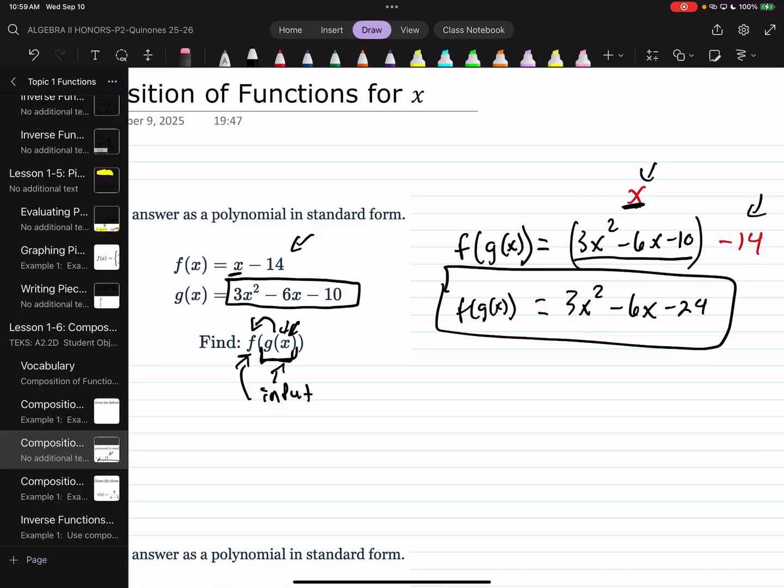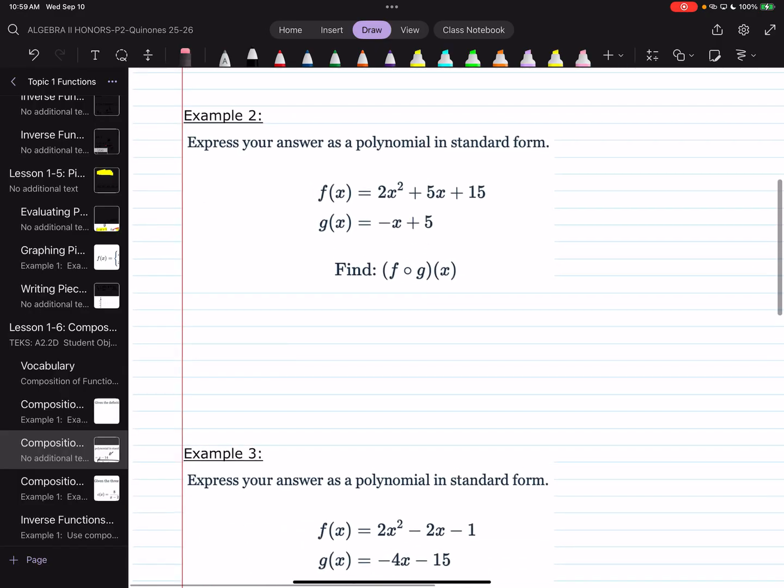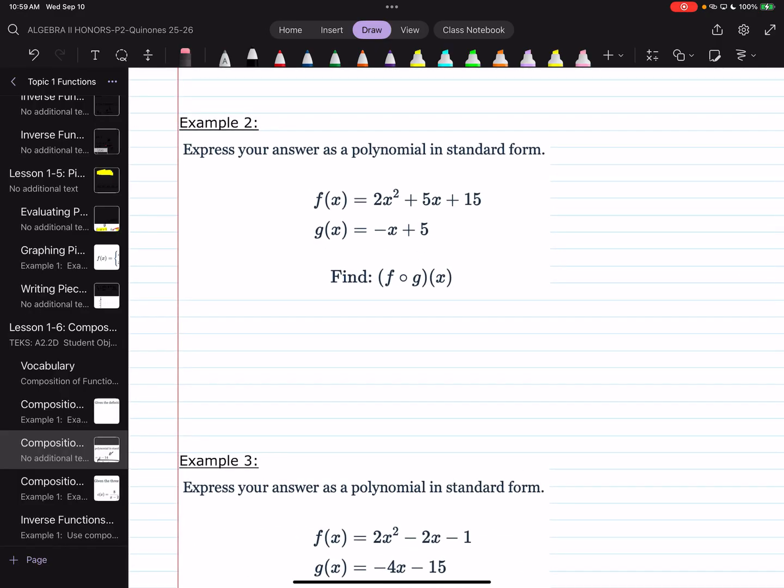Can I answer any questions? All right, well, if you think you got it, then I'll give you 4 minutes for this one. This one, everybody, needs to be simplified the entire way. I'm going to give you 6 minutes for this. It needs to be simplified completely, in standard form.